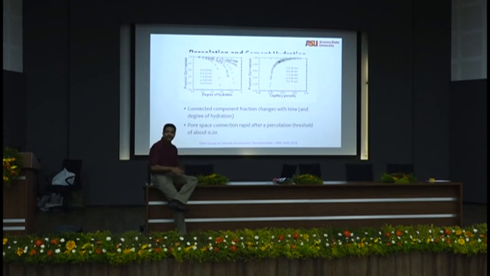Which means, when you have a lower degree of hydration, remember your hard core, soft shell? More of your harder core stays put, which means your mechanical properties are going to be better.